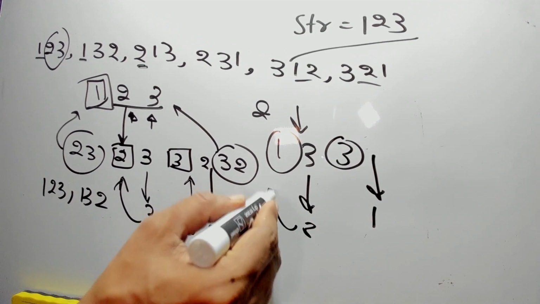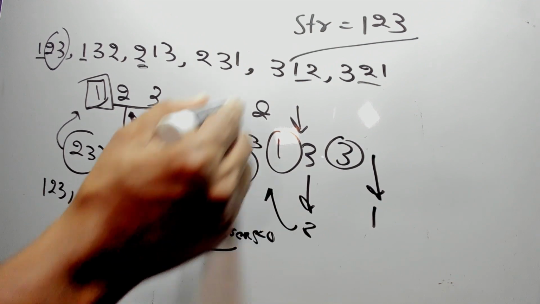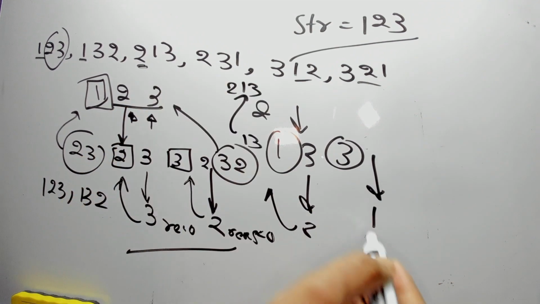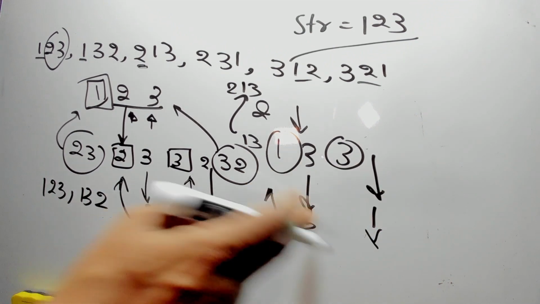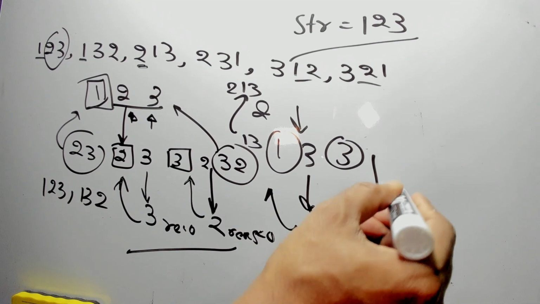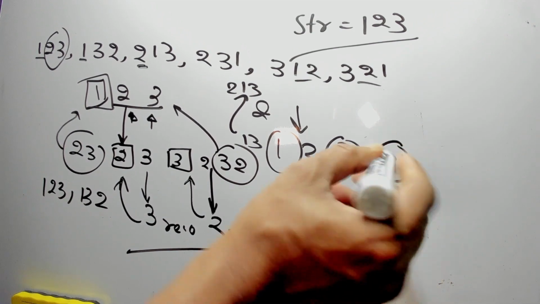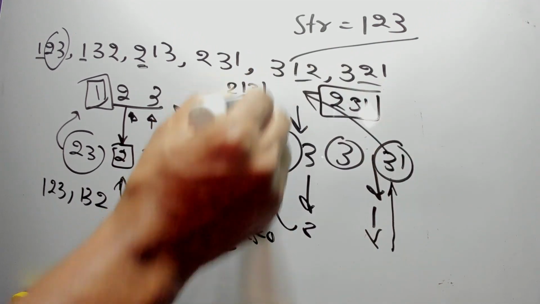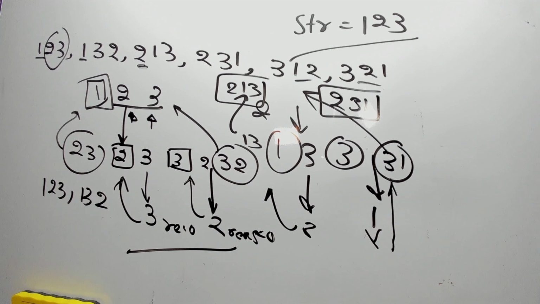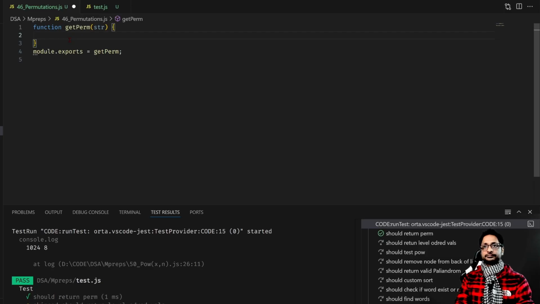This will return 3, it will become 1, 3, and then this will return 1, this will become 3, 1, and then when 3 goes, this will become 2, 3, 1. Perfect, right? So we're going to implement this string logic first, and then we're going to convert the string version to an array.